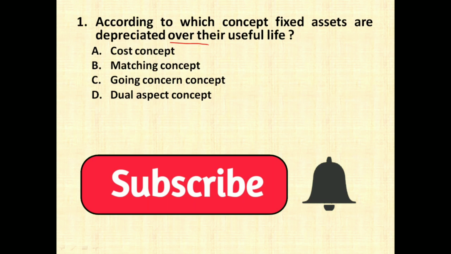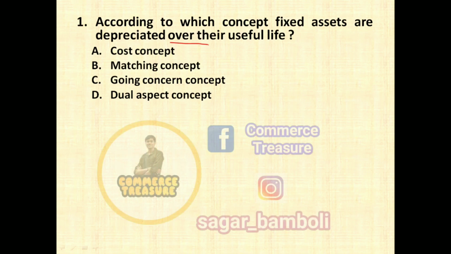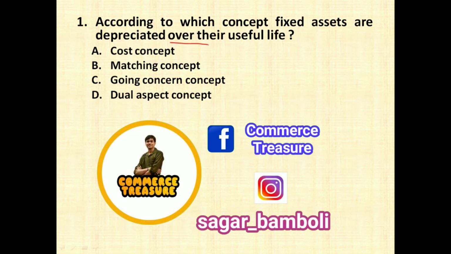This is what a cost concept says. Matching concept says that you should match your revenues and your expenditures, and by matching that you are going to get the profit. Dual aspect concept says that your assets should always be equal to the liabilities, that is the double entry system is supported by dual aspect concept of accounting.